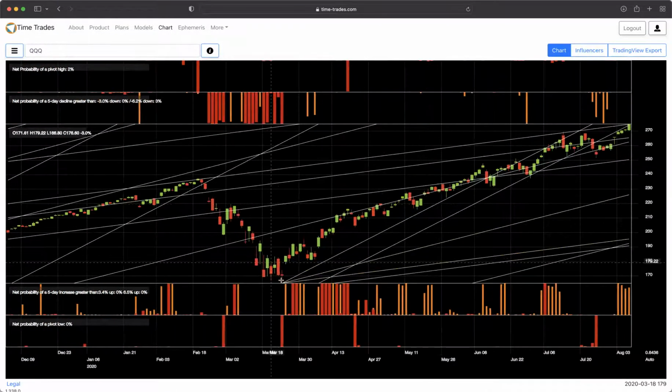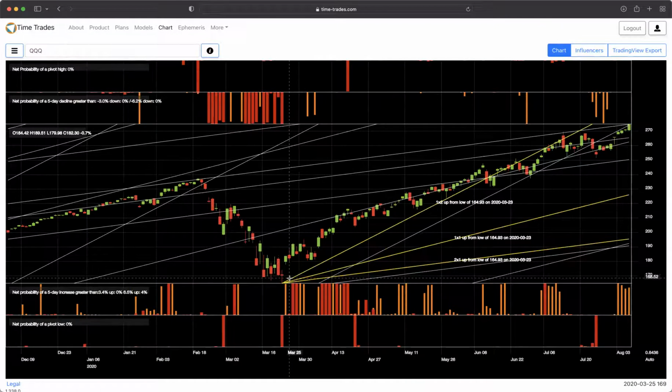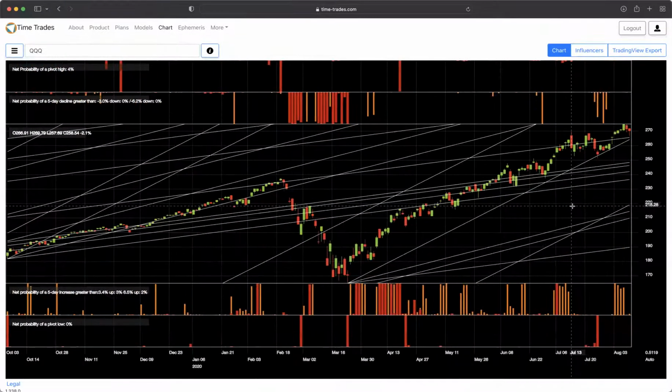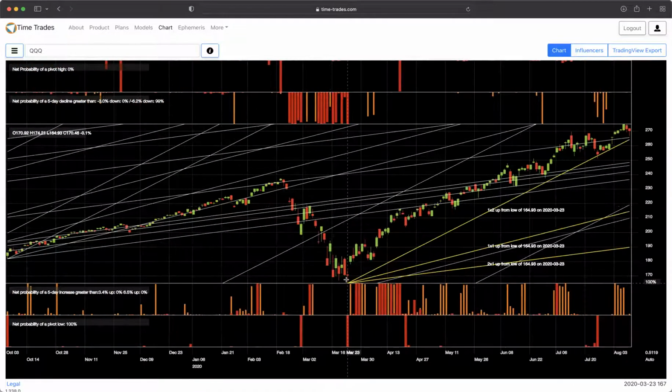If we scroll back here, here's another one, as you would expect, at the COVID low in March of 2020. So these Gann Fans are drawn from these automatically detected key areas. And we have an algorithm that we use to calculate and automatically identify these important areas.